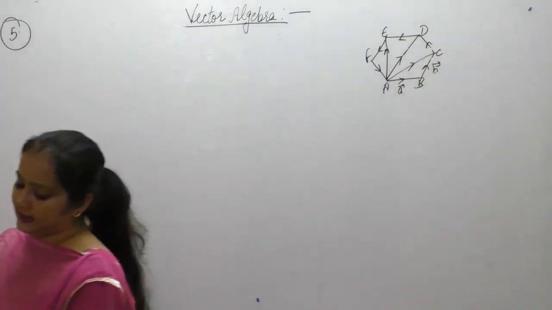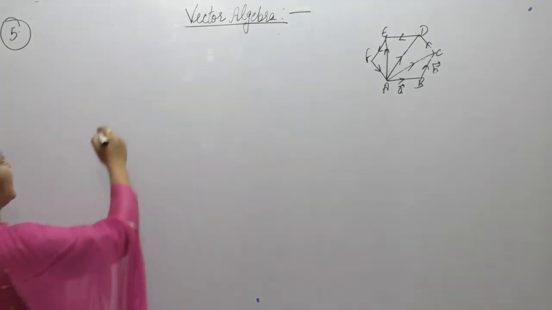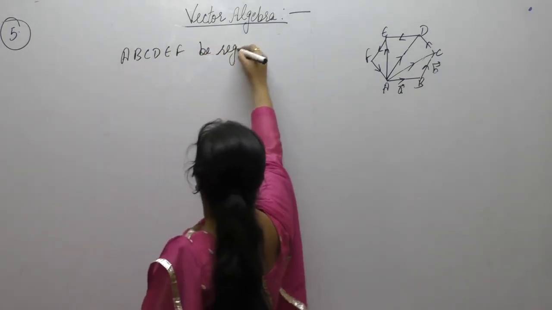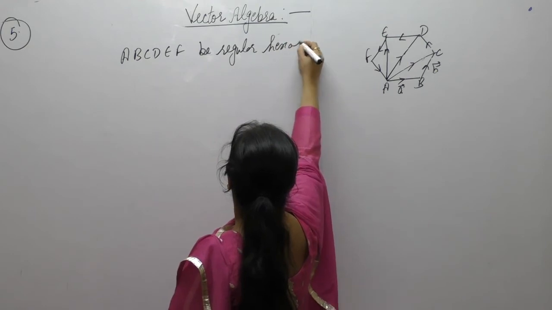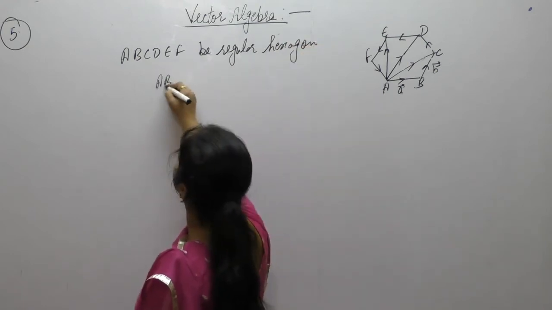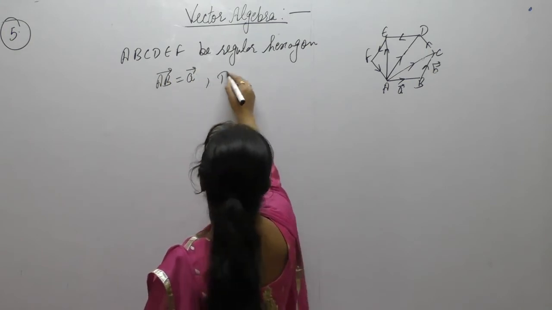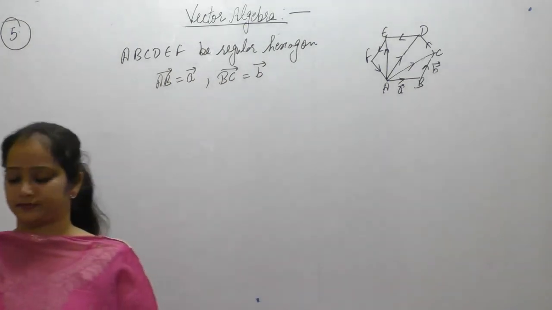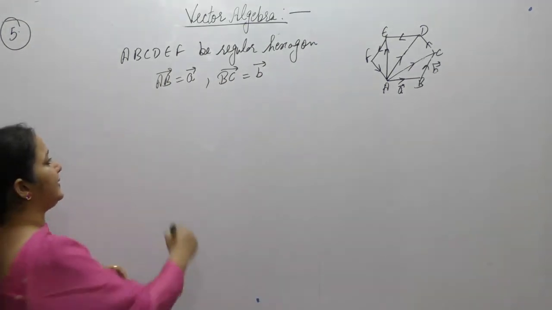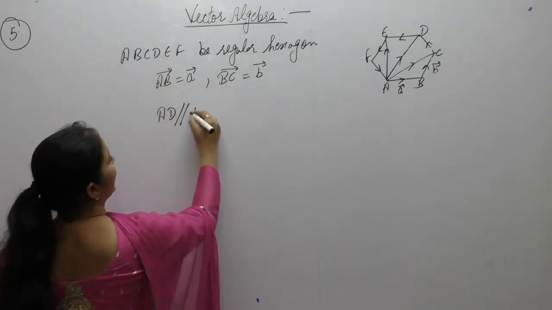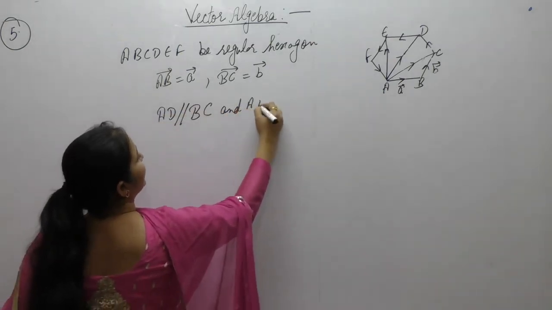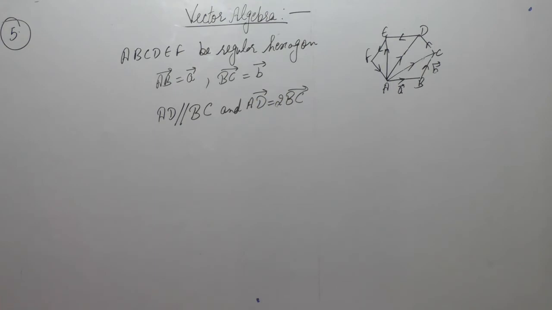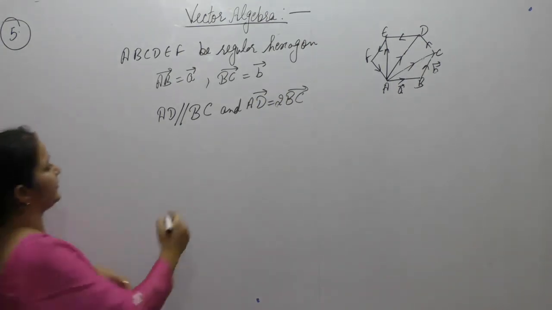Let A, B, C, D, E, F be a regular hexagon, with AB vector equal to A vector and BC vector equal to B vector. We know that AD is parallel to BC and AD is equal to 2 times BC vector.